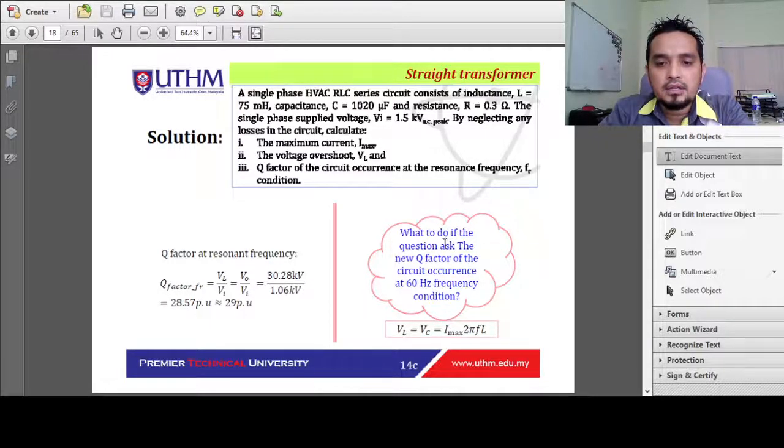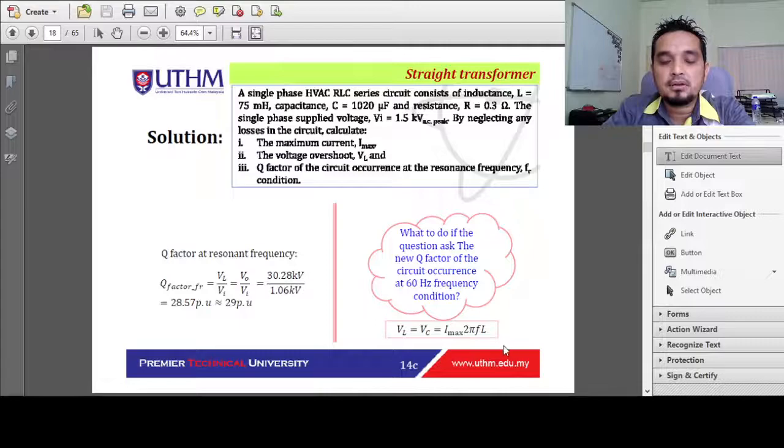What to do if the question asks for the new Q factor of the circuit at 60 Hz frequency conditions? In this case we need to know that VL is equal to VC equal to Imax 2 pi FL. This is very important.